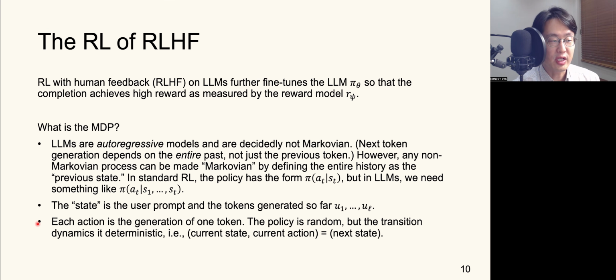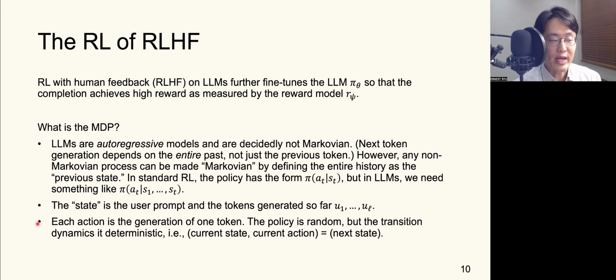The action at each time step is the generation of one token. Within this MDP, the policy is random because the language model, conditioned on the generation so far, will produce a distribution of tokens, or next step actions, and in accordance with this probability distribution, the next token should be sampled.